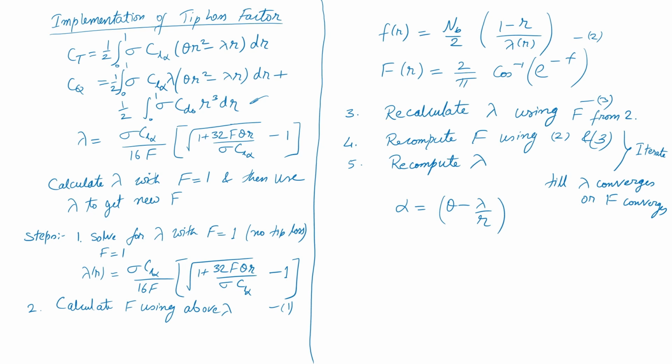One more important thing is that normally when I use BEMT for analyzing a hovering helicopter or a UAV for that matter, especially for helicopters where my pitch is changing, I have to adjust my pitch to match my CW. One way is I can give you a value of theta and say solve the problem. In the other case, I have a hovering rotor, so you have to find out the theta which will give me the hover thrust.